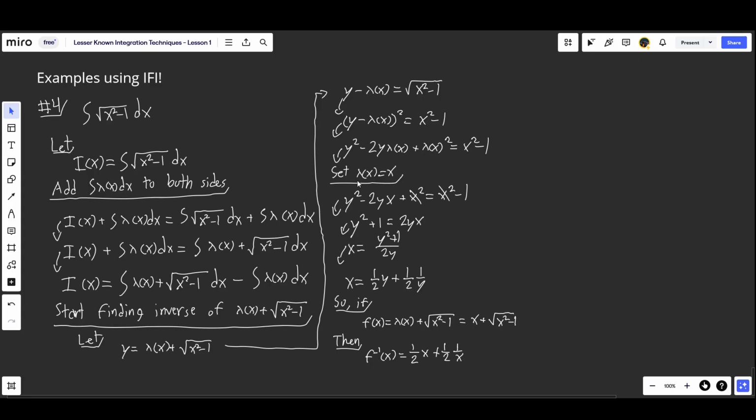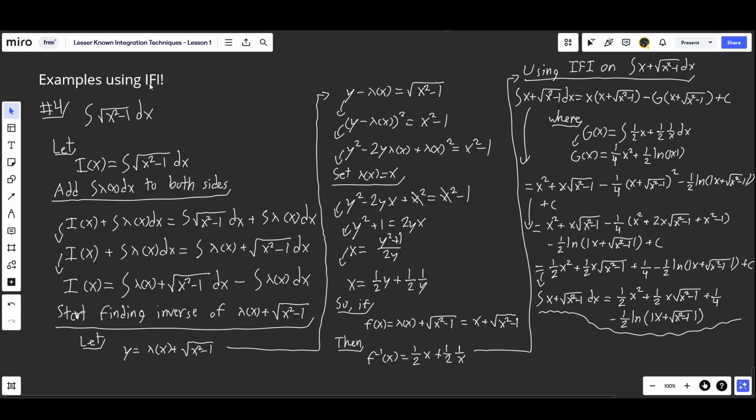Also, when we set lambda of x equal to x, we do also have to take its indefinite integral, but the indefinite integral of x with respect to x is just 1/2 x squared. So we have effectively reduced this problem into a much simpler form.